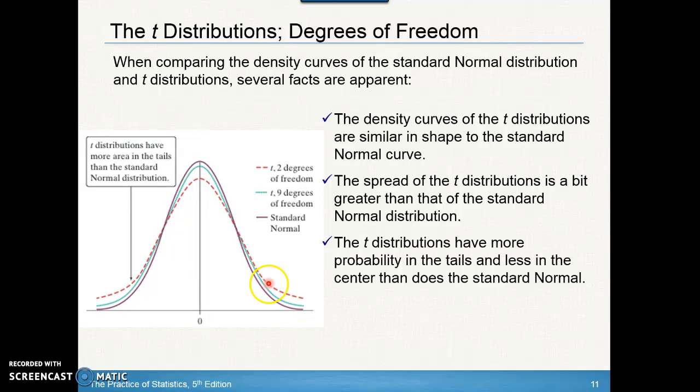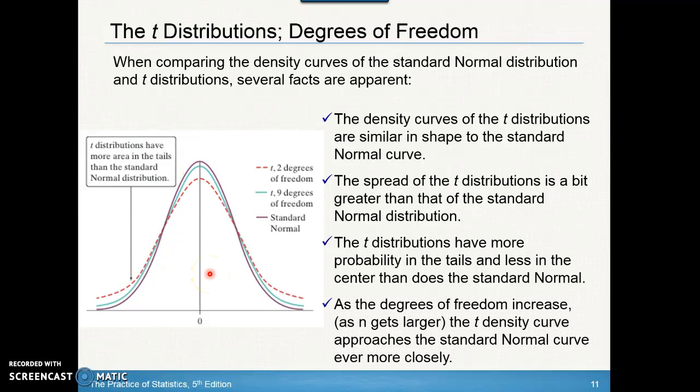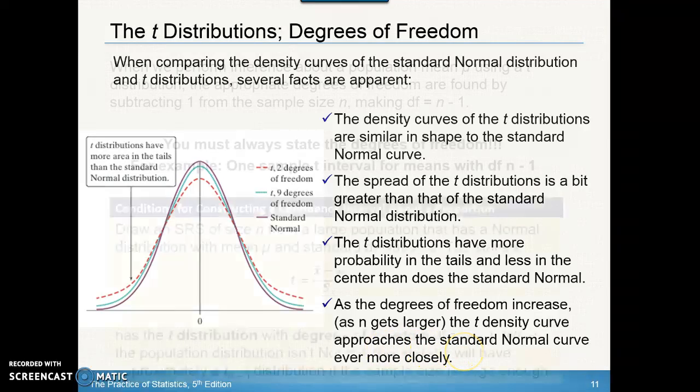They have much more probability in the tails and less in the center since they're not as high as the standard normal distribution. As the degrees of freedom increase, so as you choose larger and larger samples for your sampling distribution, if you notice this was 2 degrees of freedom versus 9 degrees of freedom, the t-density curve looks more and more like the standard normal curve.